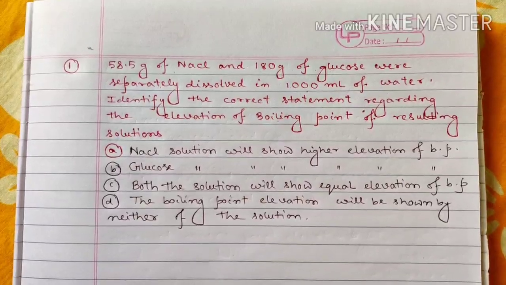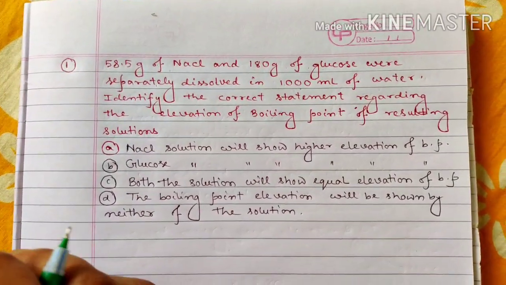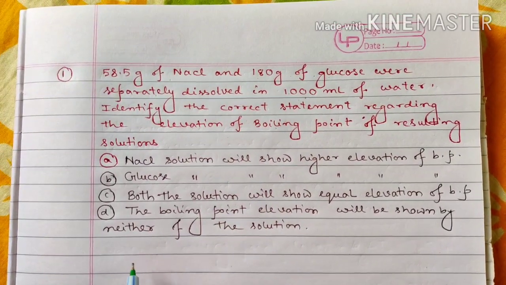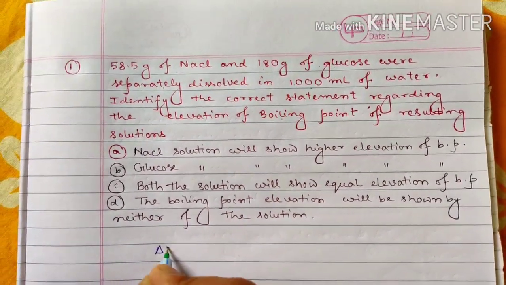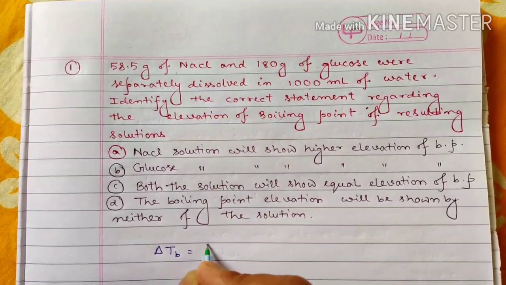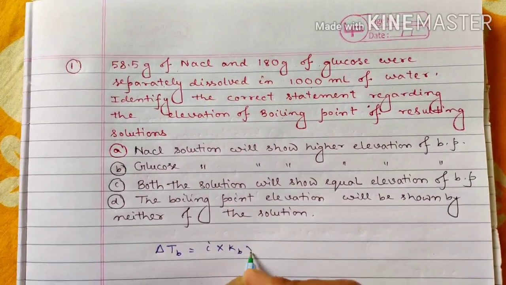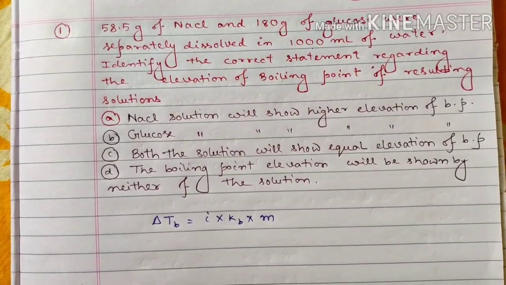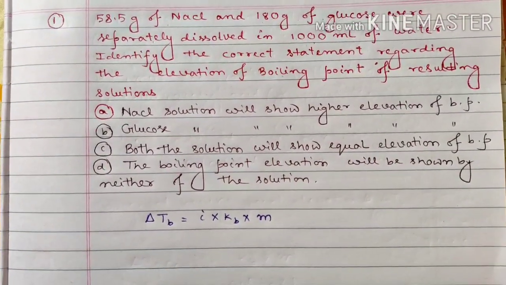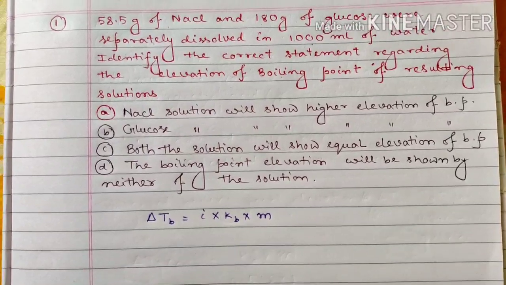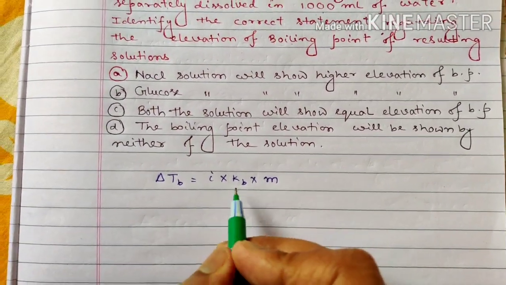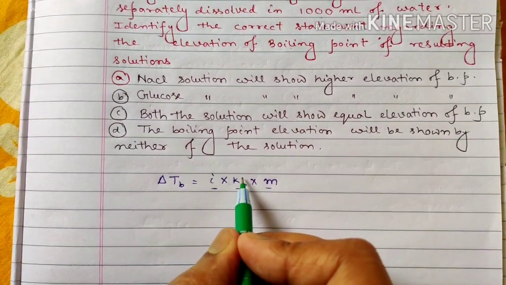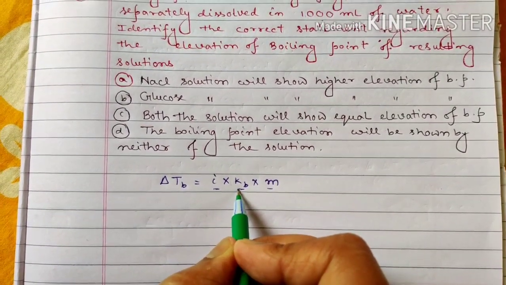Let us start solving it. Here the problem is regarding the elevation in the boiling point. That means we are supposed to write ΔTb = i × Kb × m. Now we have to calculate the values of Kb, m and i, but Kb in all these cases is for water.